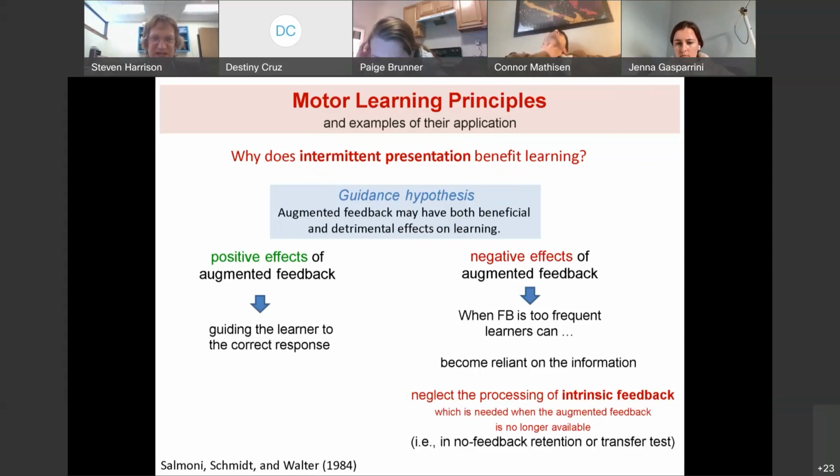Now, this particular skill of learning to effectively interpret and process the intrinsic feedback that is produced by trying an action is in and of itself a skill that needs to be developed.